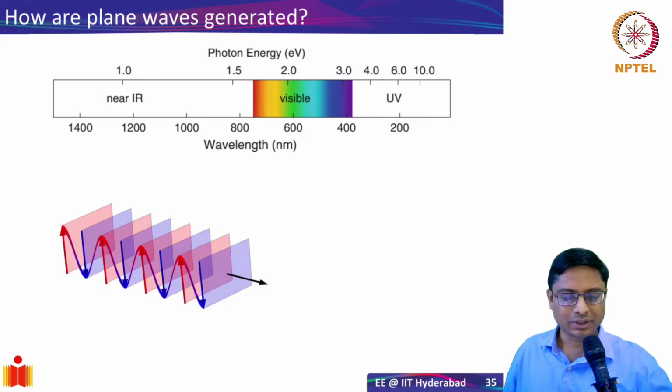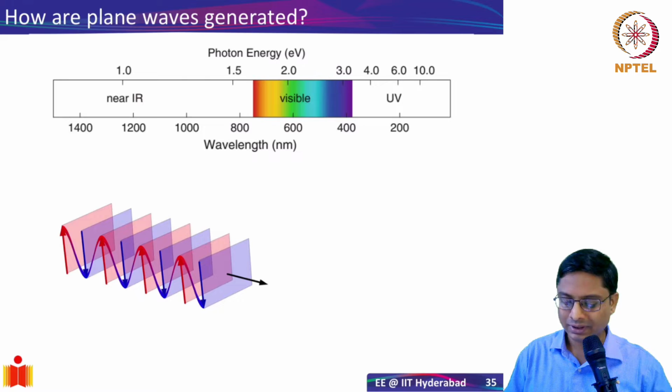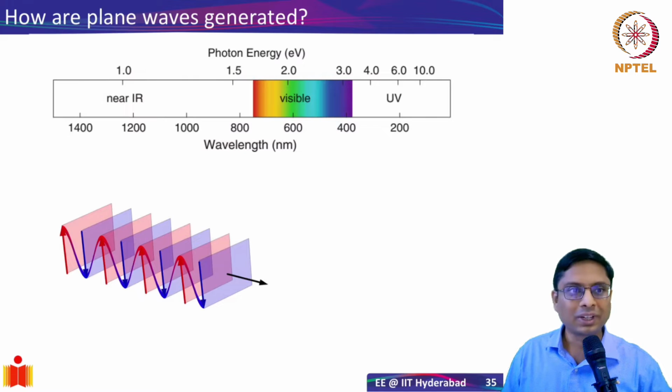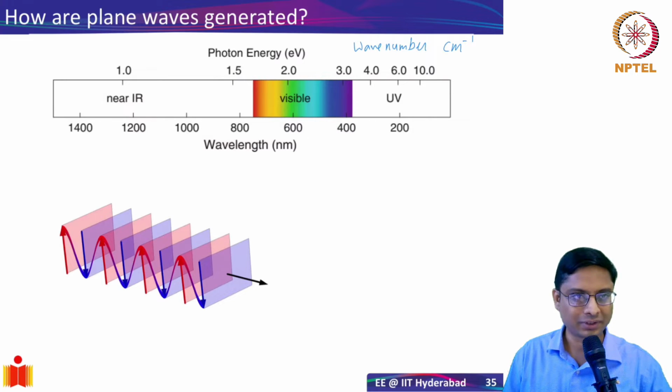Before we talk about how they are generated, let me also introduce a couple of units. You see on the bottom here, you have the nanometer units. On the top, you have the energy units. And if you look at any chemistry related subjects, you might also see another set of units called wave numbers, represented by a unit which is centimeter inverse.